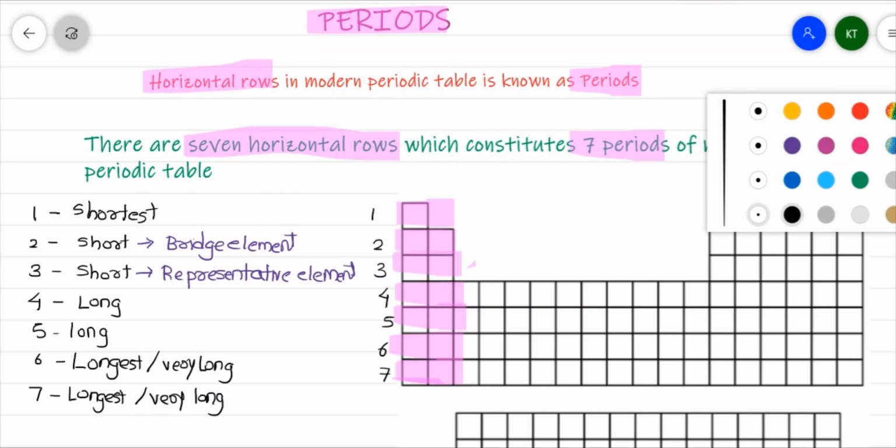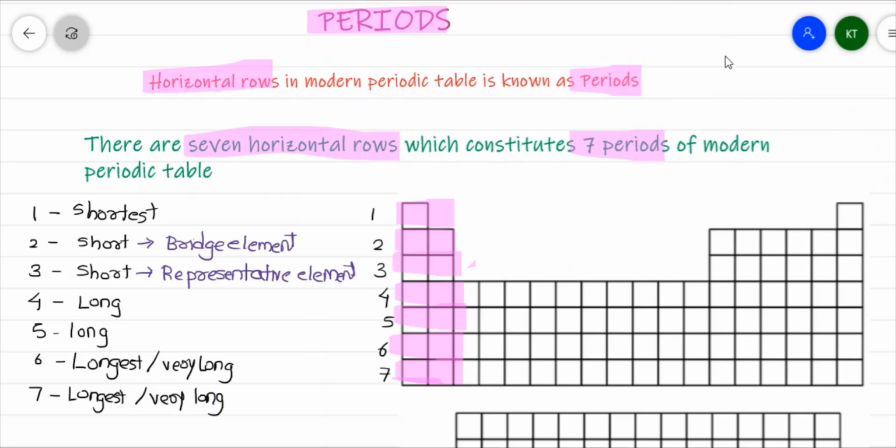That we are going to discuss further when we take the specific study of a particular group.